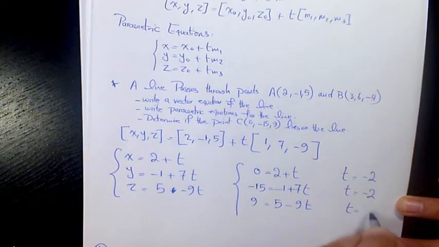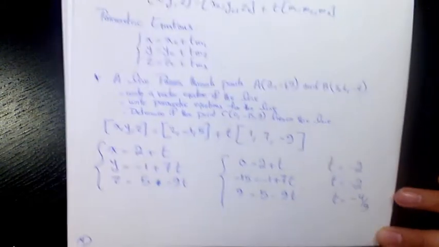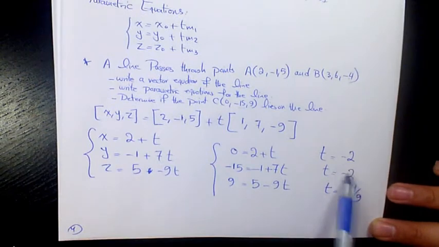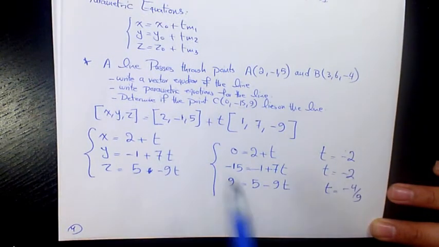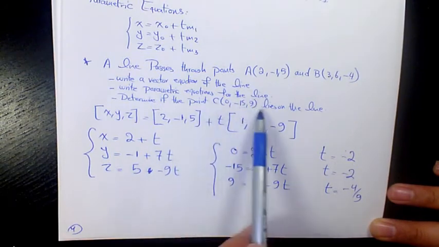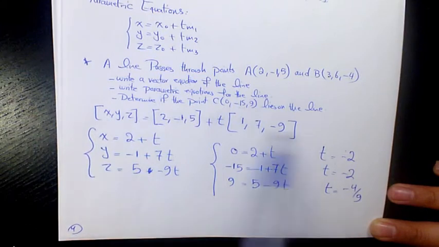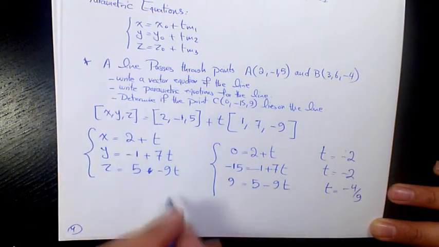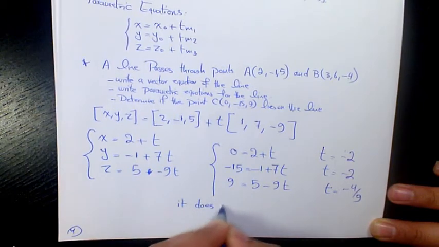T will be negative 4 over 9. As you see here, all of them must be the same, but since only 2 of them are the same, it means that this point, 0, negative 15, and 9, doesn't lie on this line. It does not.